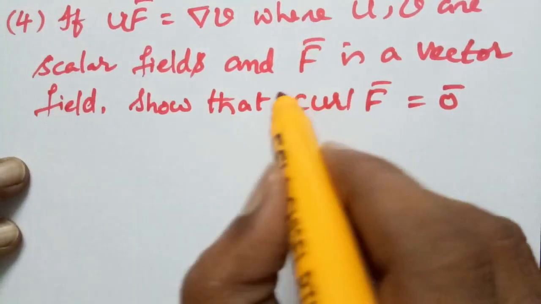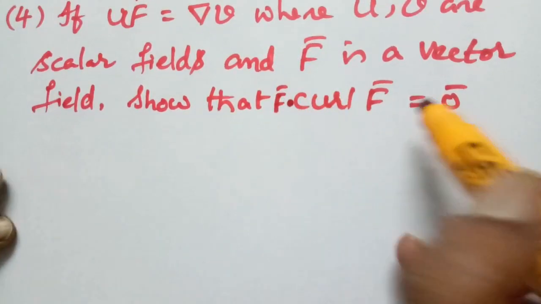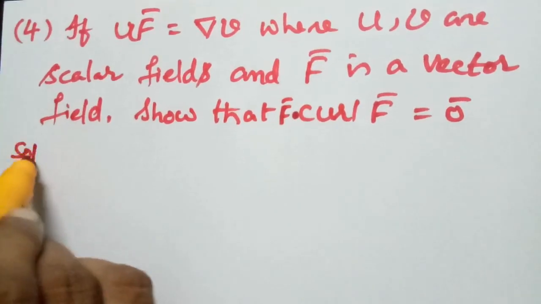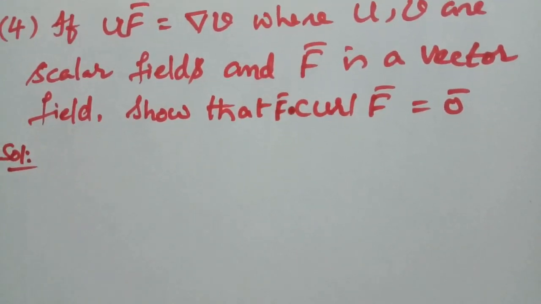So that F bar dot curl F bar is equal to 0.